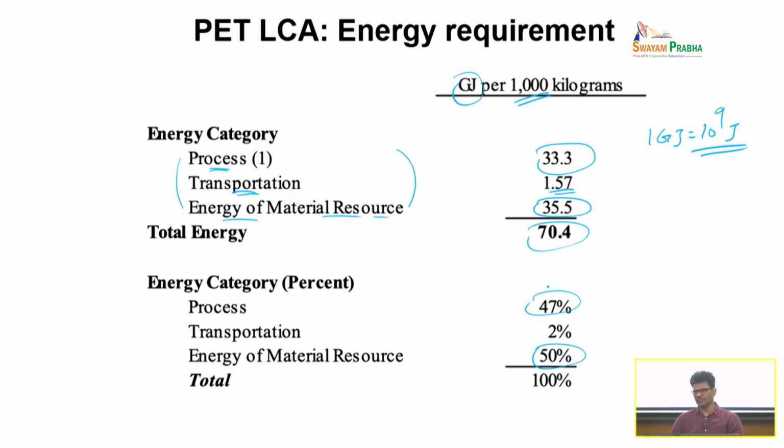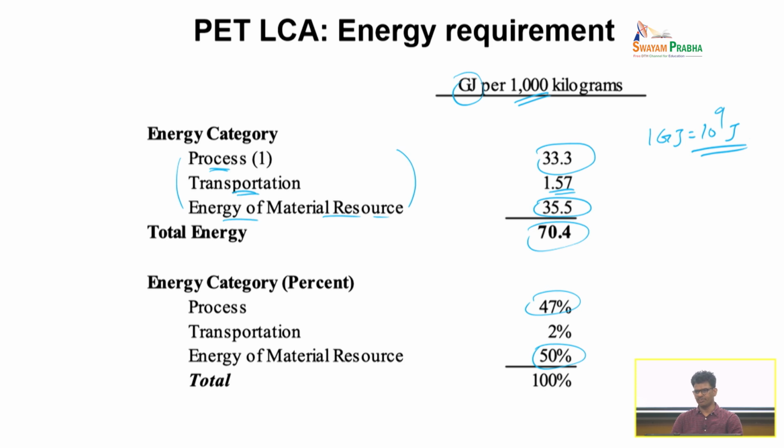This is even before you do the process; this is getting the raw material to the plant. That also costs energy, because these raw materials have to be mined and extracted. So you can see the total energy is about 70.4 gigajoules. Of this, almost 50% is for raw material mining and extraction, and the remaining roughly 50% is the process.